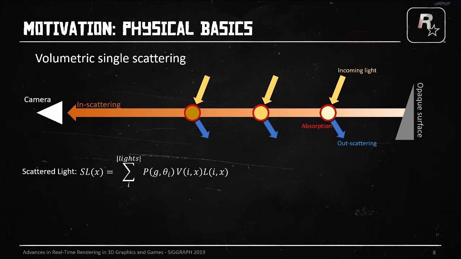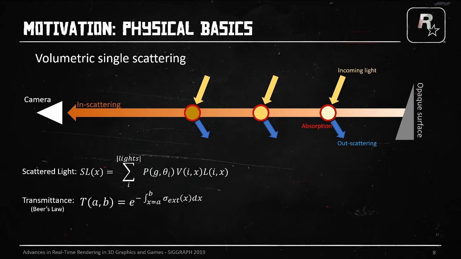The scattered light is essentially the sum over all participating lights on a particle, where we need to accumulate the contribution of the light luminance modulated by the visibility of the light source, as well as the phase function, which gives it a directional scattering behavior.